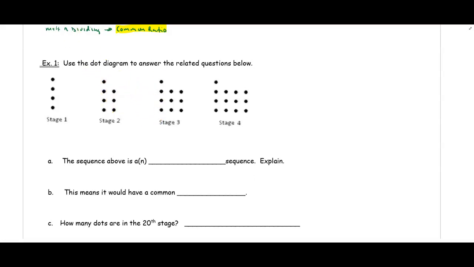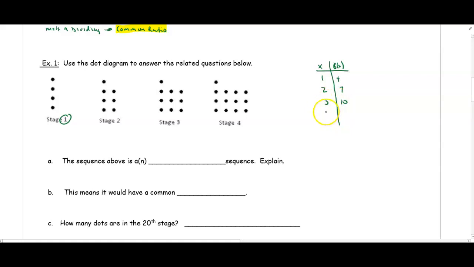So anytime you get these, remember, back in the day, we always stressed you guys to make a table. You need to determine where you're starting at. Here it's starting at stage 1. So if I call this x for input and then f of x, I know we started at stage 1 and we had 4 dots. Then stage 2 had 7 dots. Stage 3 has 10.